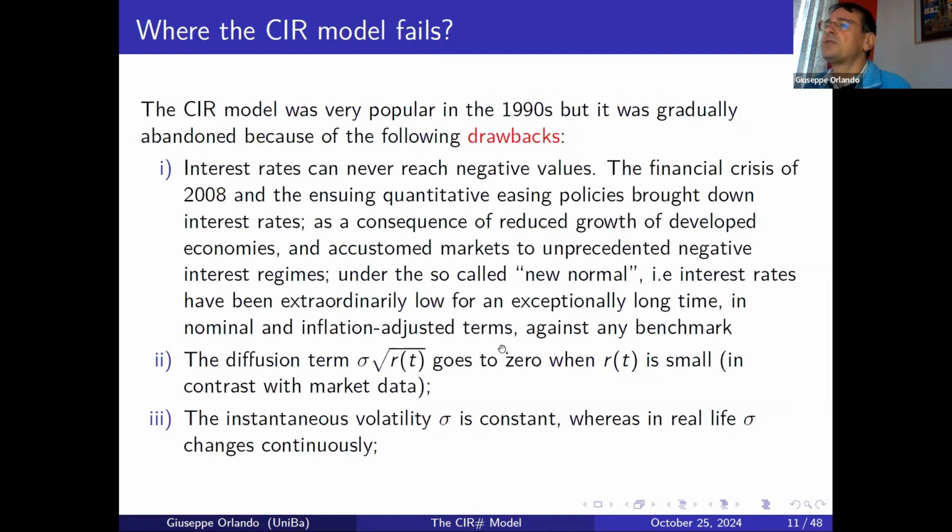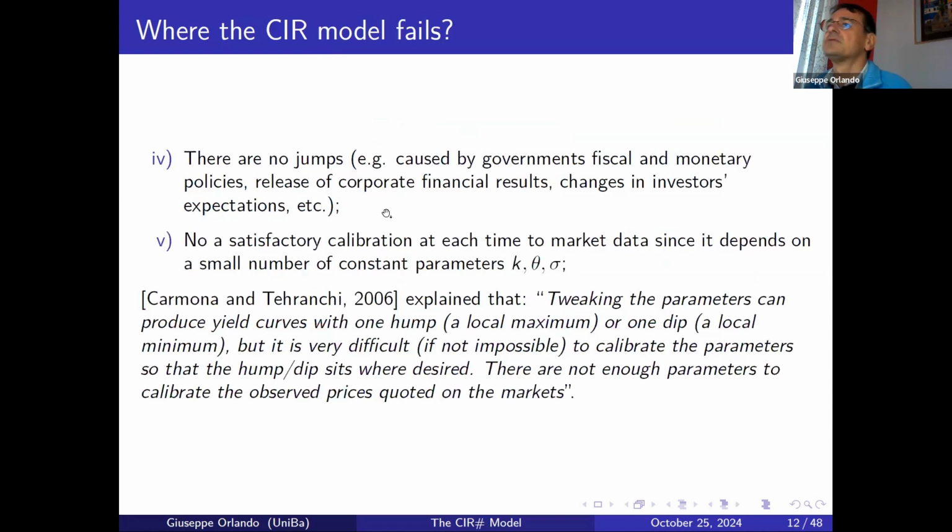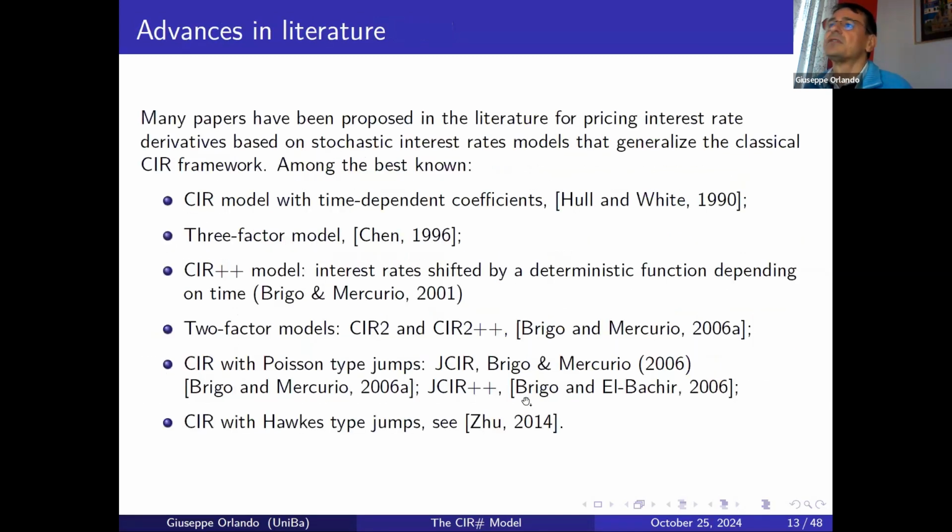I already mentioned briefly, because we don't have so much time to go into detail, the reason why we want to change this CIR model. There was an issue when, as I said, the conditions of the markets are different from the ones that were assumed by the authors.